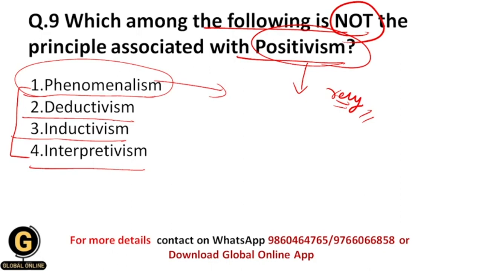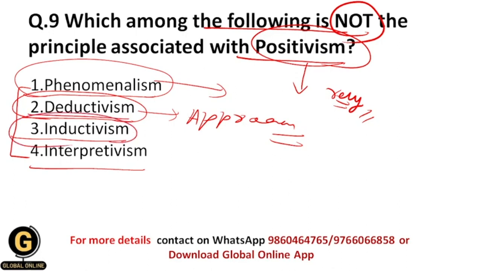Deductivism is one of the approaches towards research, where the theory already exists in the world, and based on the theory we develop the hypothesis, we test the hypothesis, and we get our results. This is deductivism.